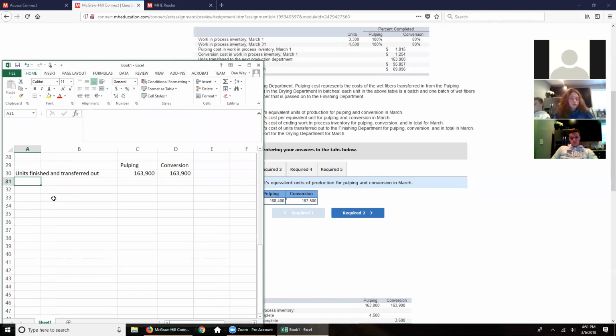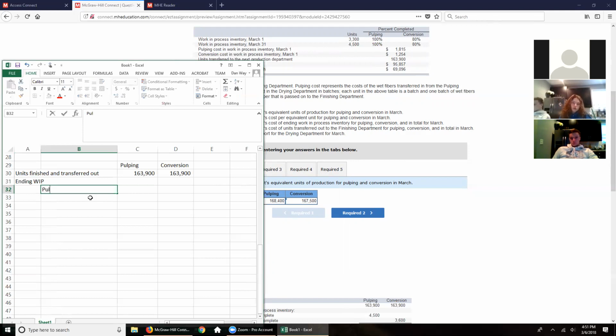To that, we always add the ending work in process, and we generally want to consider our two or more processes separately, because they often have different completion rates. Here, we knew that ending work in process was 4,500 physical units. They were all the way done with respect to pulping, and only 80% done with respect to our conversion processes.